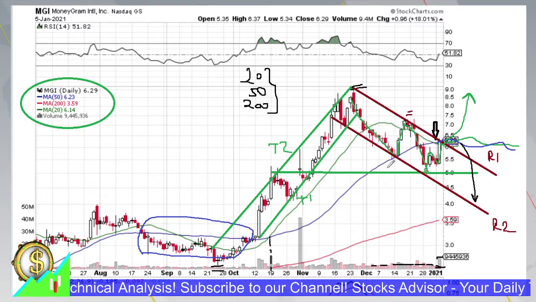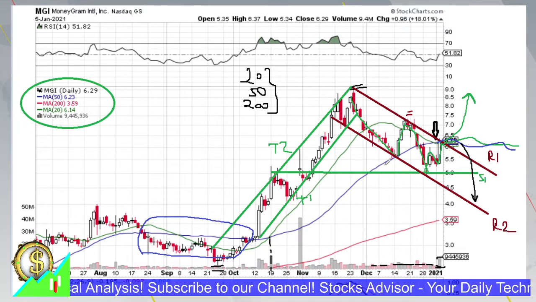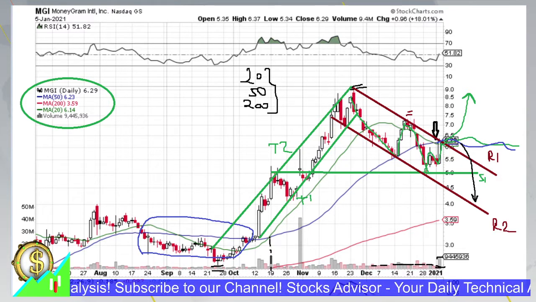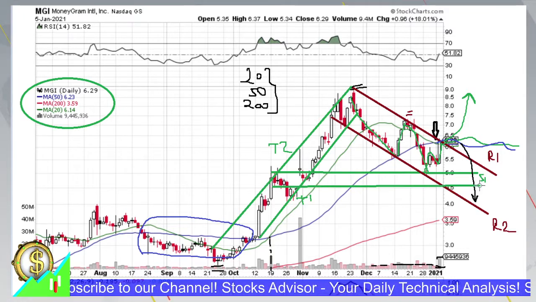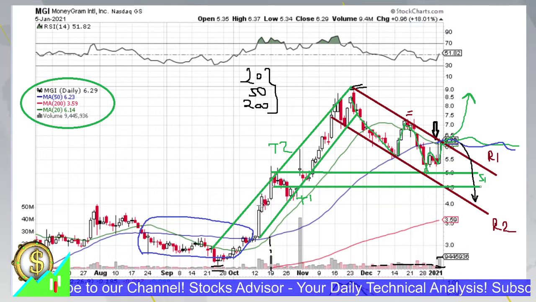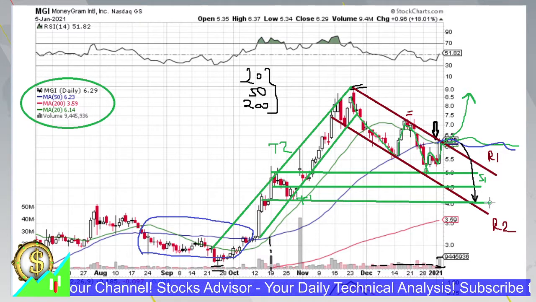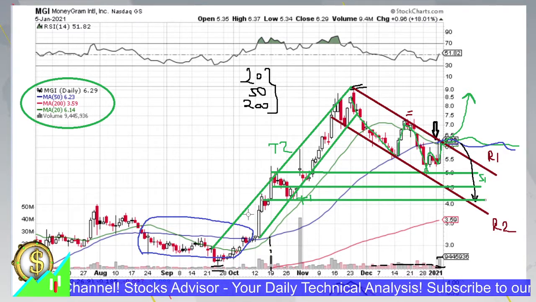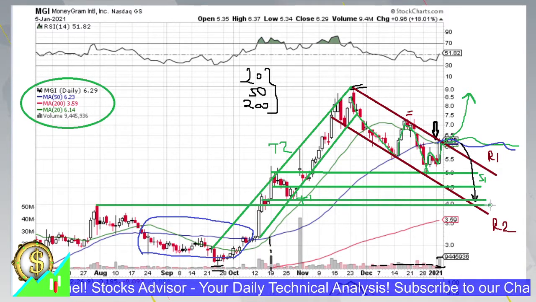So first of all, we have this first line S1, the green line, and of course other support levels that can be seen here are in these areas. So let's draw them. It's this one, and then it's this one, and then the very strong one, of course, here.